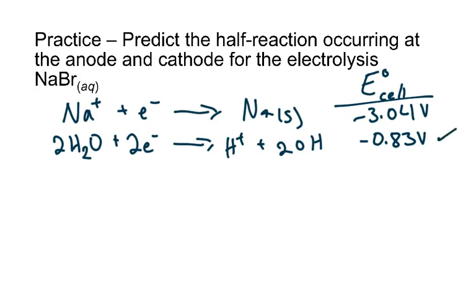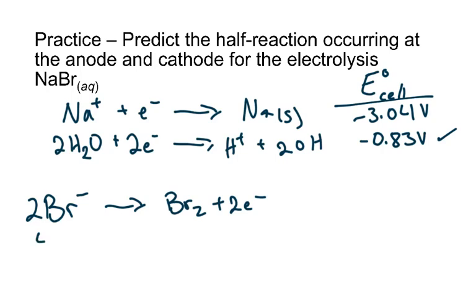Then for my other reaction, my possibilities are 2 bromides goes to Br2 plus 2 electrons, or from the previous slide, 2 water goes to 1 oxygen plus 4 electrons plus 4 protons. Sorry, that's 1 oxygen there.